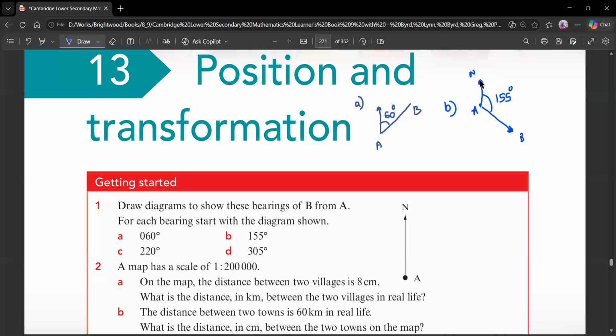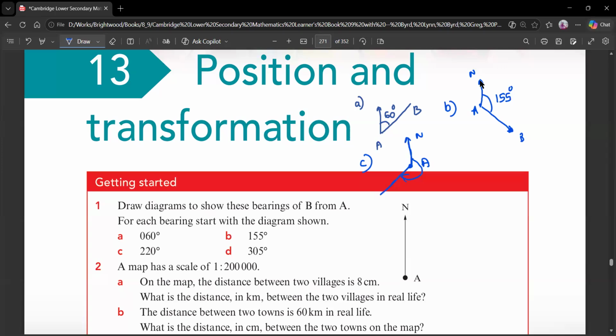220 degrees. Here, starting from A. 180 means half circle, and 220 is more than that, like this value here.